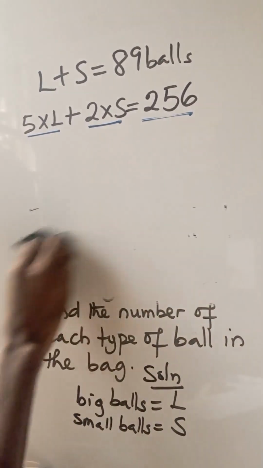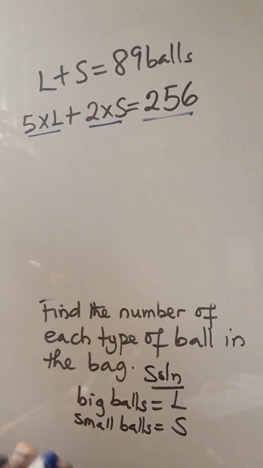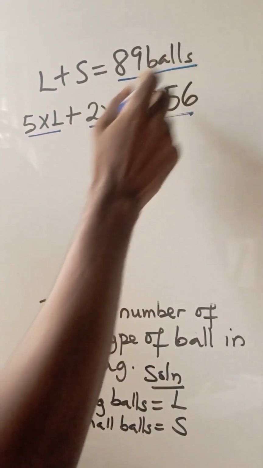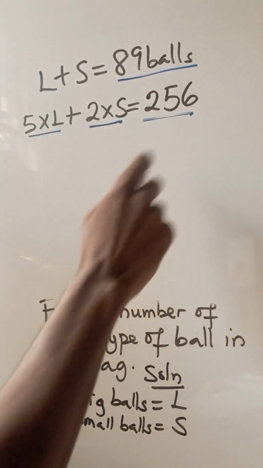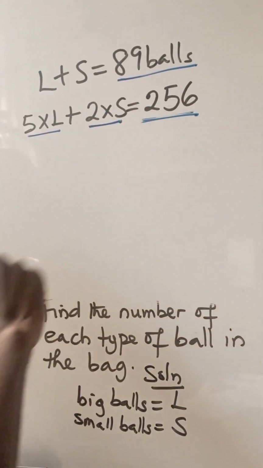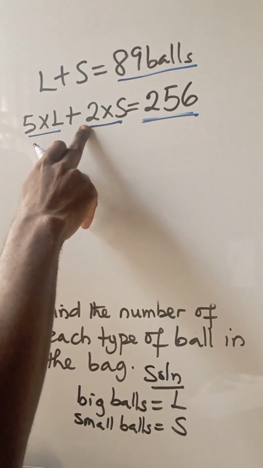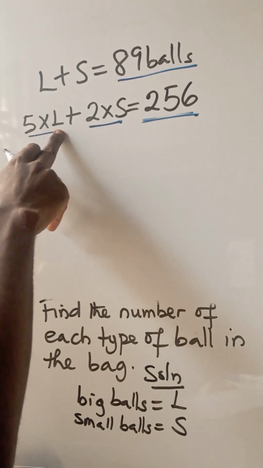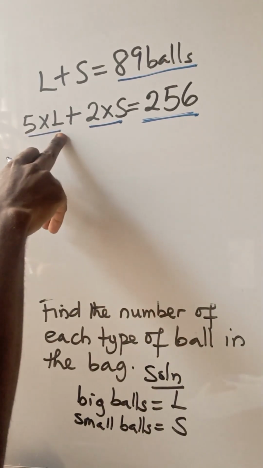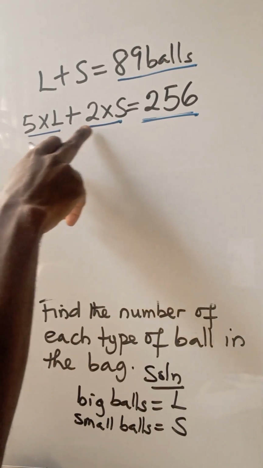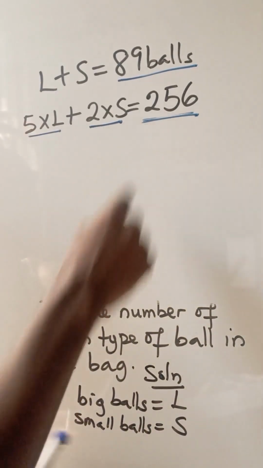So we're given the total number of balls, which is 89 balls. So the big balls plus the small balls will give us this. We're given the total weight of the balls, and for the small we have 2 grams for each. For the large or big balls we have 5 grams for each. So we have to multiply 5 to each of the big balls and 2 to each of the small balls, and the total gives us this.